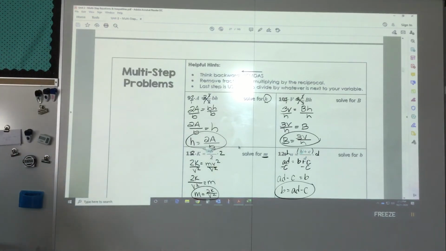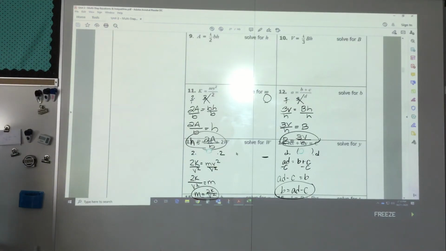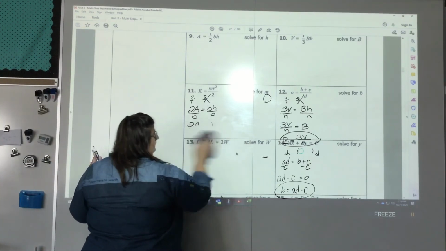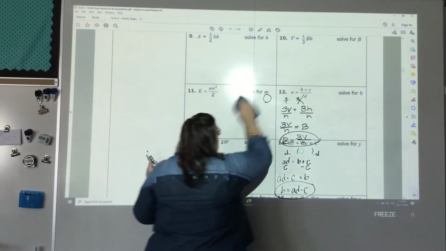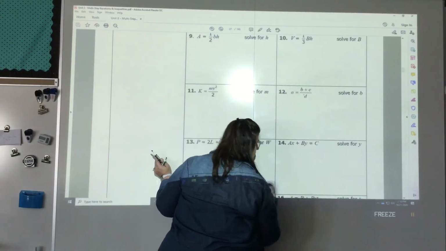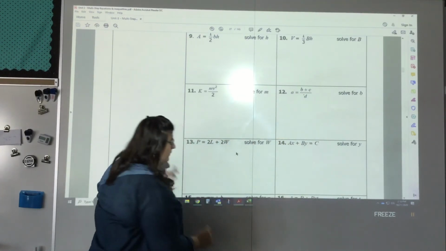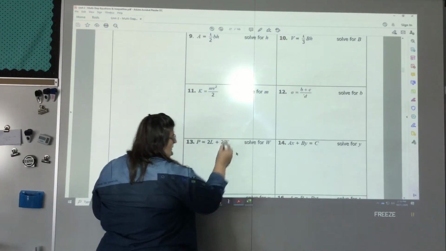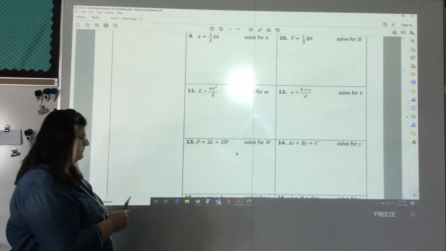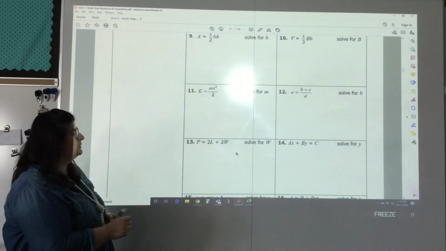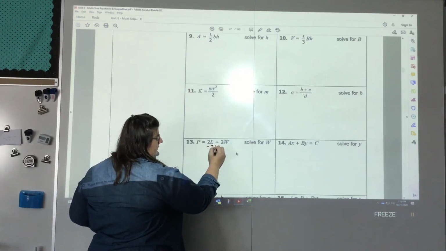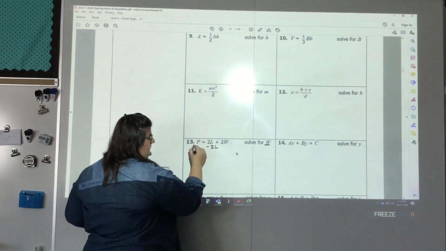All right, one more in this part. We're going to do number 13. Go ahead and circle the variable that we're solving for. That's this w right here. So working backwards from order of operations, I'm going to subtract this 2l from both sides. Again, solving for w.